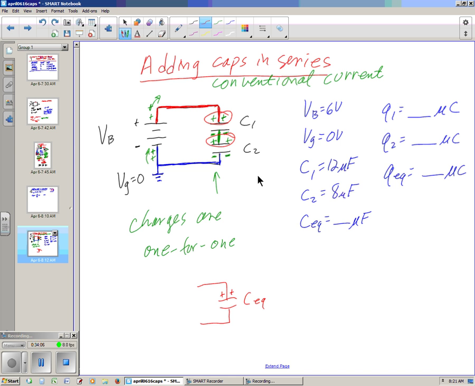And so if we replace it with an equivalent capacitor, we say that there are just 2 charges on that equivalent capacitor. Because when you look at the top of it, that's what you see at the top. And when you look at the bottom of it, you see that.